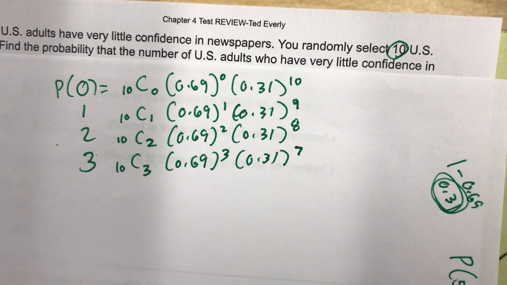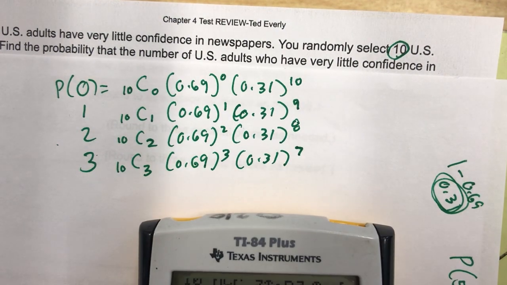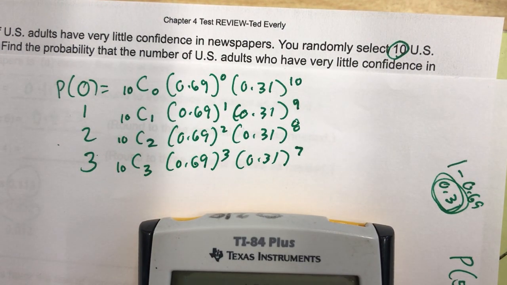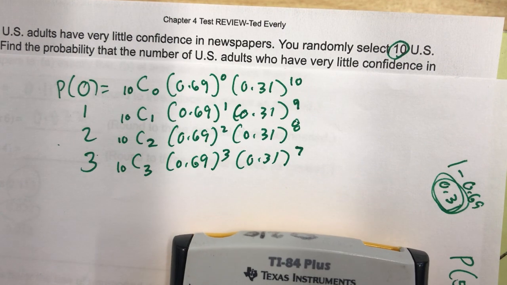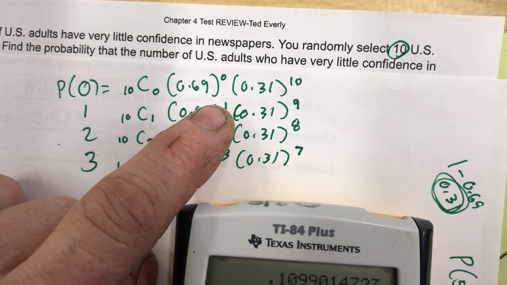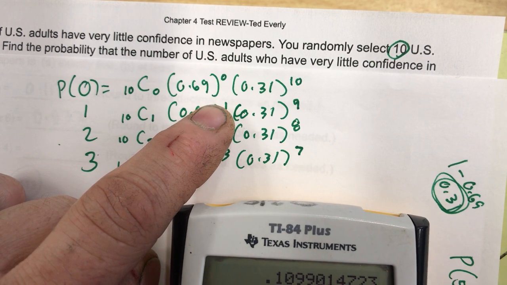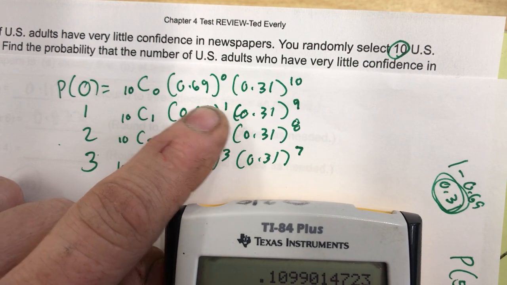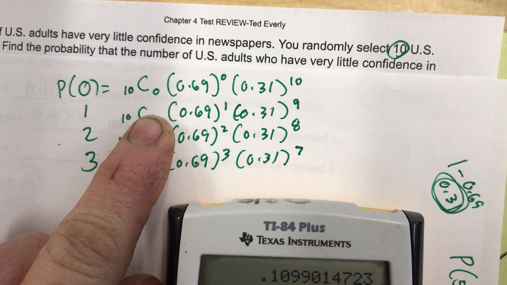Okay, so I still have this in my calculator here, so I'm going to go 10 here. Make that a 0 there and a 0 here.